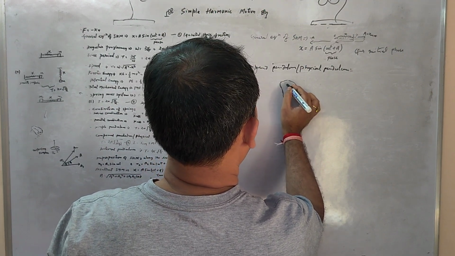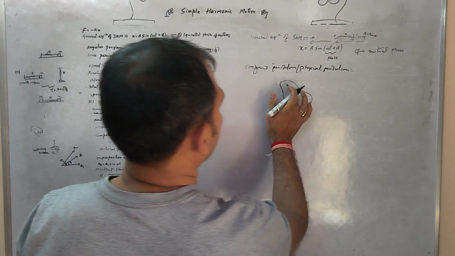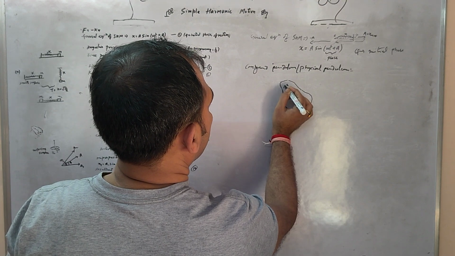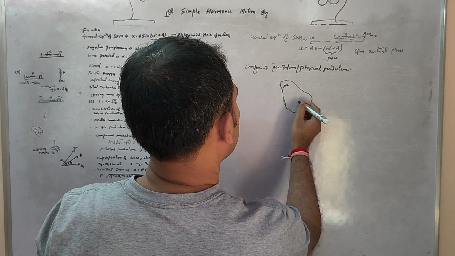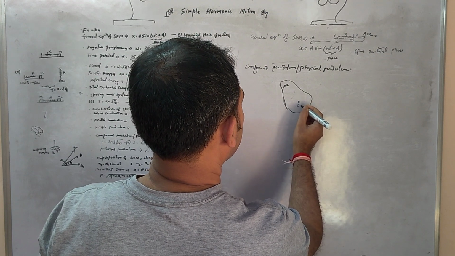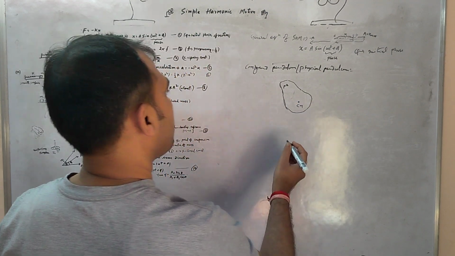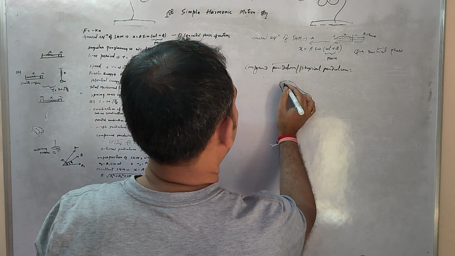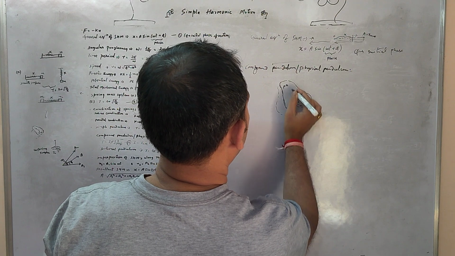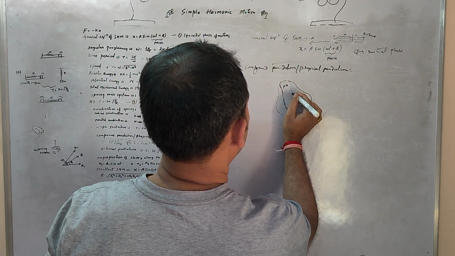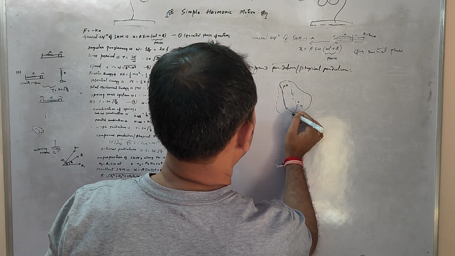This is suspended from this point P. The center of mass is here, and its initial position was like this.